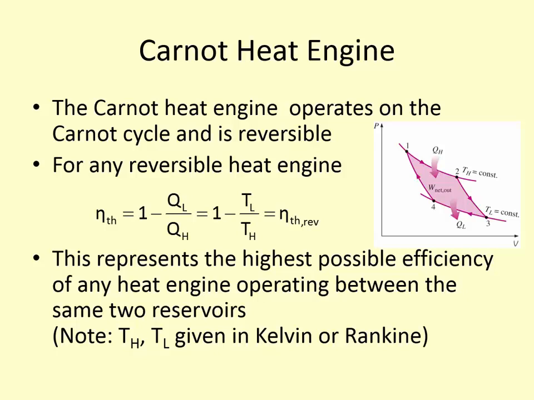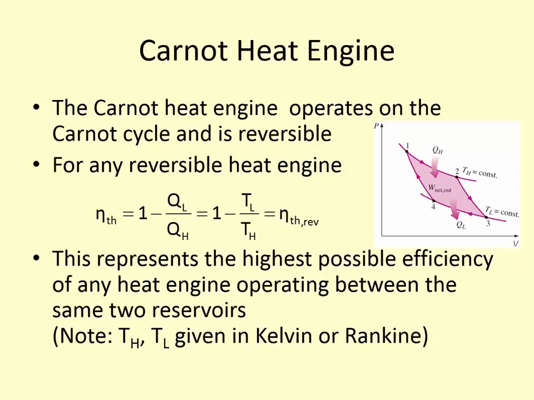And this is a theoretical process. Okay, the Carnot heat engine is one that we use as a model. It's not necessarily one that we can create in real life, but again, it offers the bounds on the max possible efficiency we can expect to achieve using a real heat engine operating between the same two temperatures.